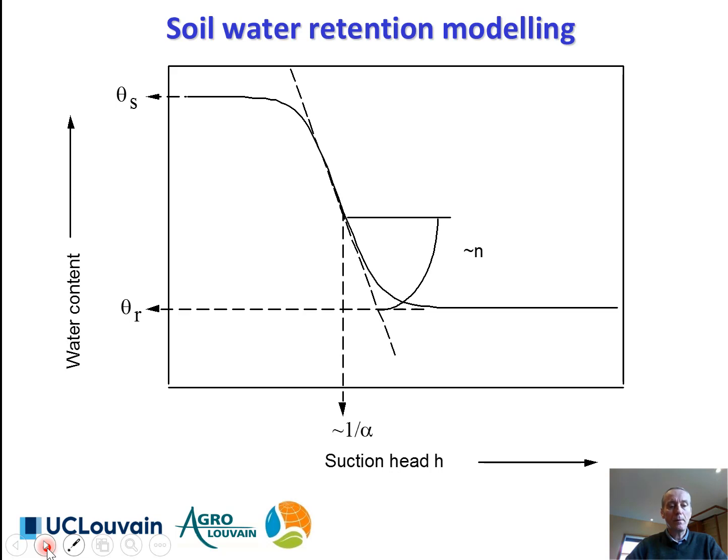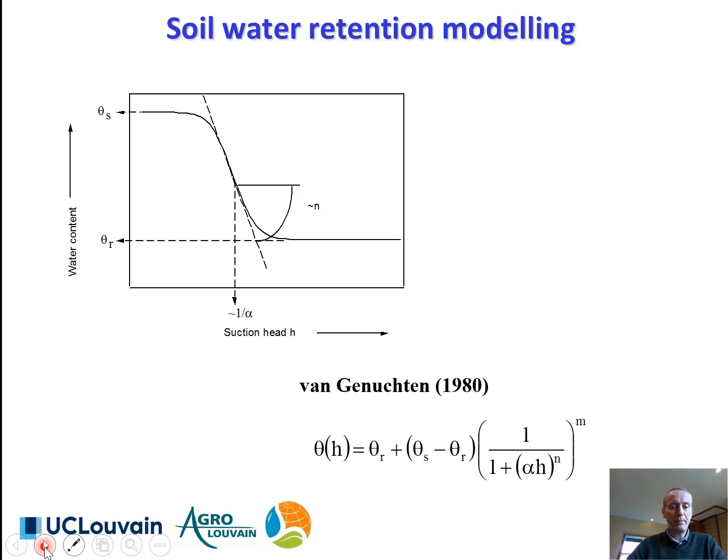In this approach, no discrete threshold value is considered where water starts draining. It is considered that soil starts draining whenever a small suction head is applied. The transposition of this concept into a mathematical form was done by Vanclooster in the 80s.